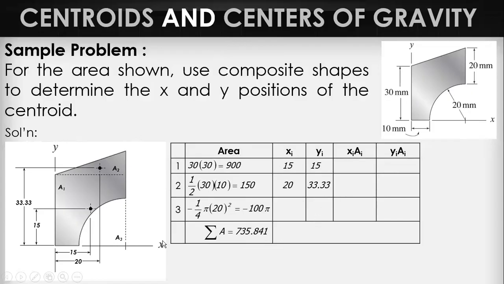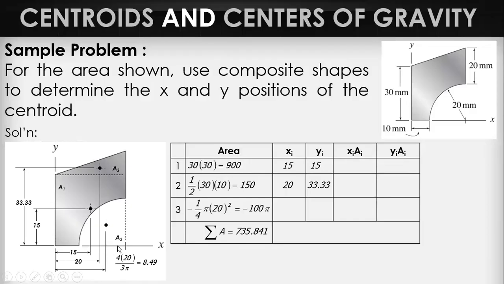And then for element 3, quarter of a circle, the centroid of a quarter of a circle is this one. 4r over 3 pi. But the reference here is a corner. So this will be 4r over 3 pi, and this is also 4r over 3 pi. But then our x3 is this one. So what's the value of this?